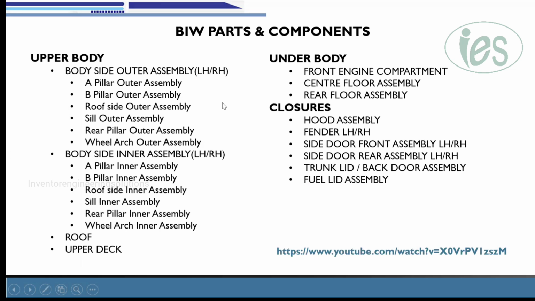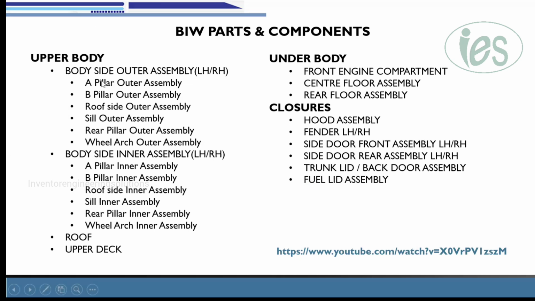The BIW structure is assembled in the manufacturing plant in a sequential manner, based on where the part is located. We keep a number of assemblies which come from suppliers. We collect these assemblies and assemble them in our manufacturing plant.